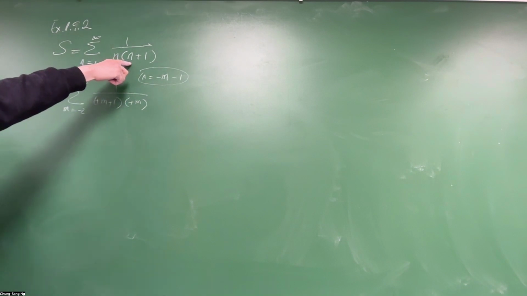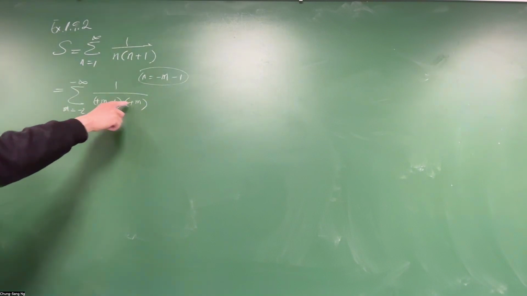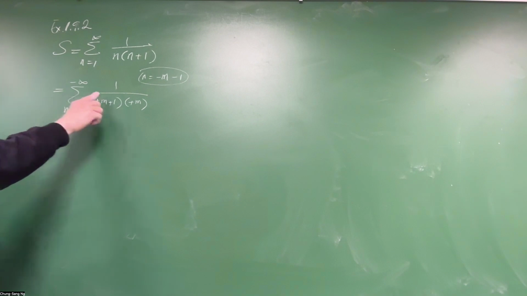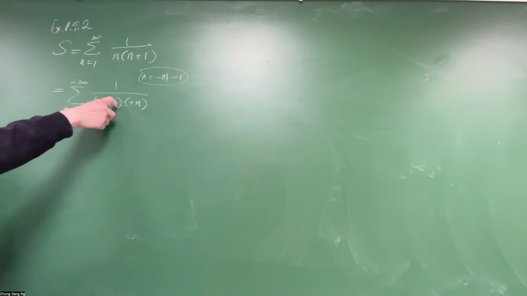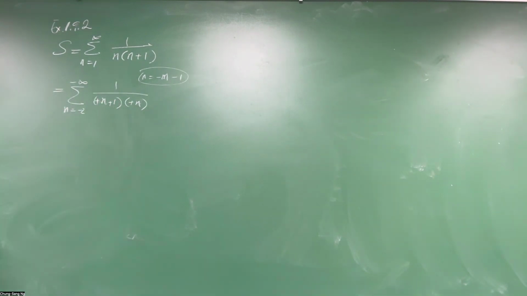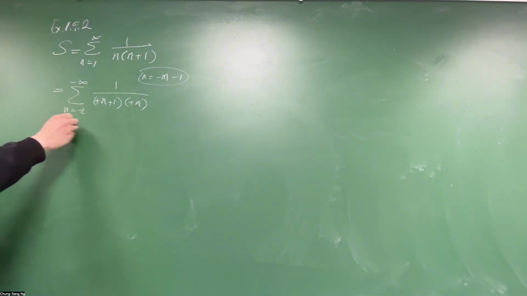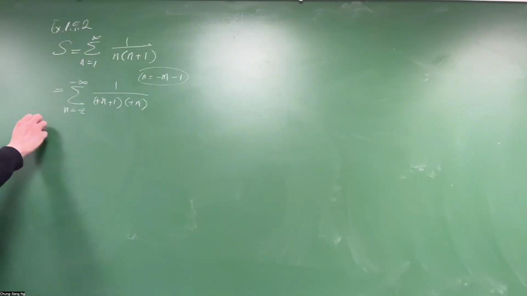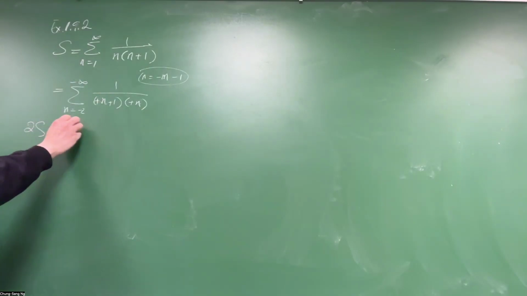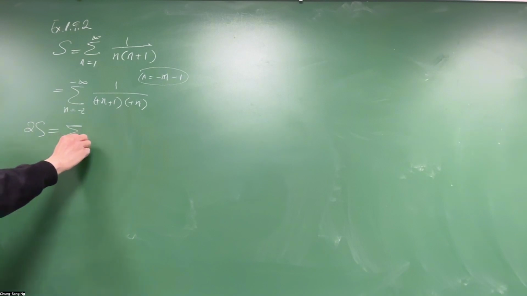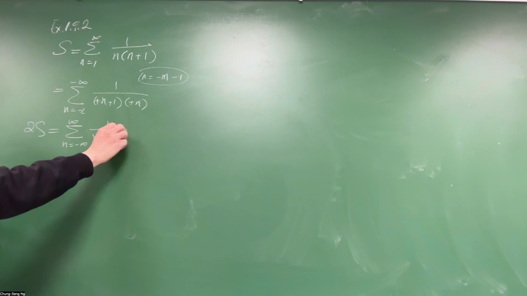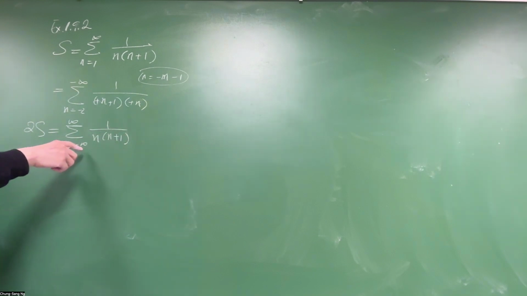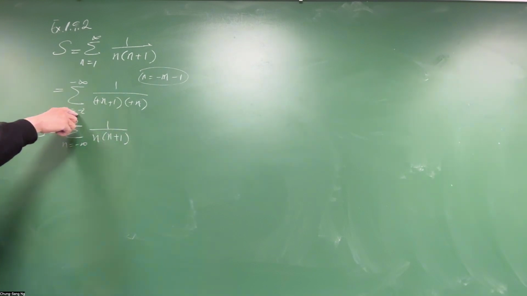And this is exactly of the same form. Then you can call your m equal to n. So exactly the same. Now you just sum, so the sum over n from minus infinity to infinity of 1 over n times n plus 1, except that it skips the points minus 1 and 0, right?